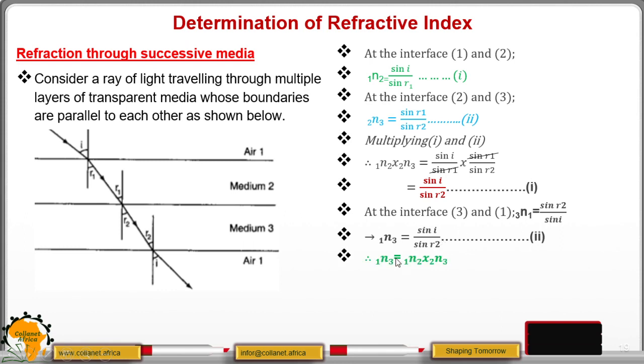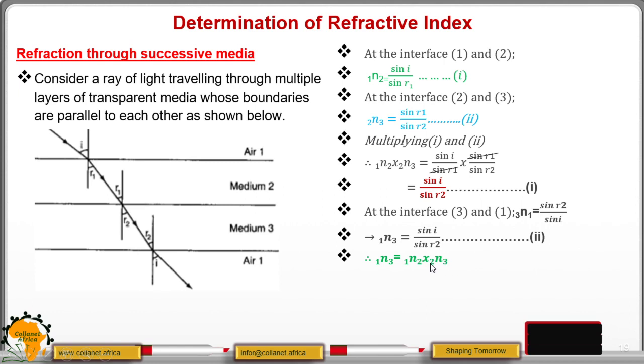Therefore, it implies that the refractive index of medium 3 with respect to medium 1 is equal to the product of these two. That is, the refractive index of medium 2 with respect to 1 multiplied by the refractive index of medium 3 with respect to medium 2.